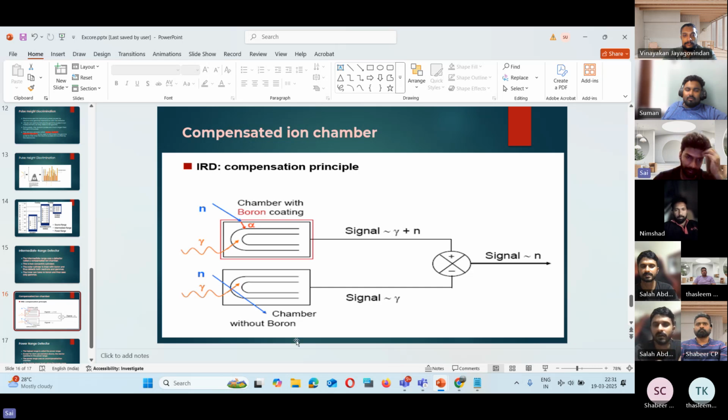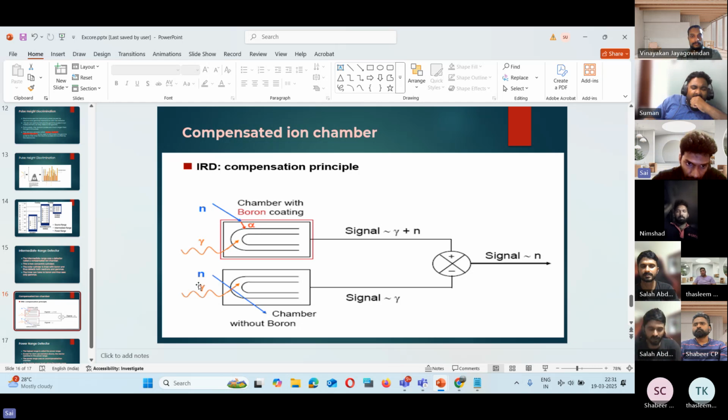This is a pictorial representation of the intermediate range detector. You can see that there is one cylinder, the upper one, the chamber with boron coating. You can see two lines, gamma and neutrons, going inside it, and both gamma and neutrons are detected by that cylinder.